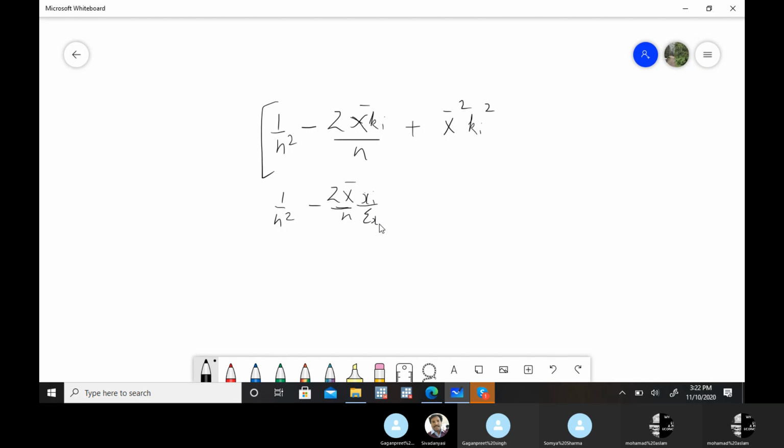Summation xi square. And here, as we proved last time, this particular term is 1 upon summation xi square.